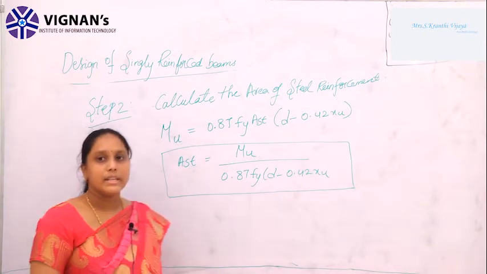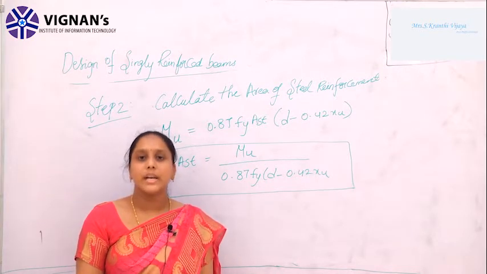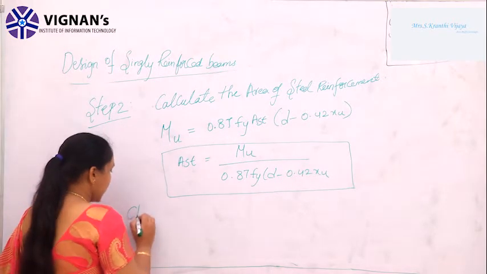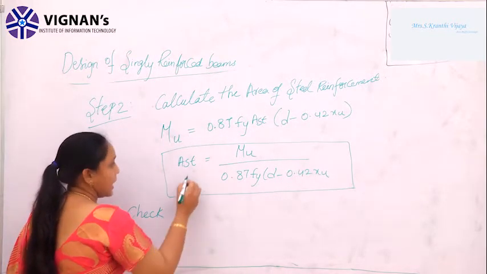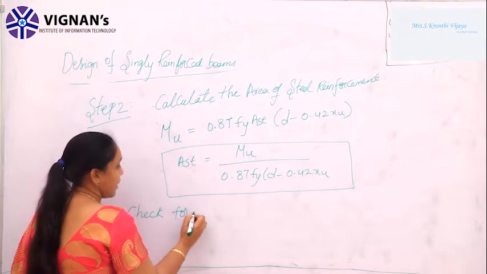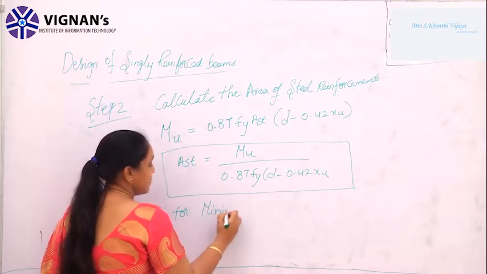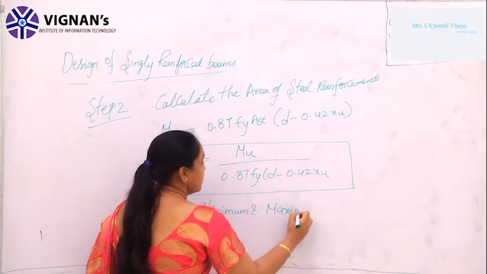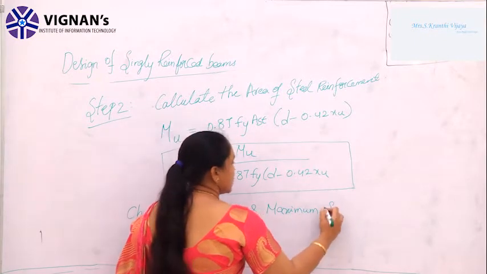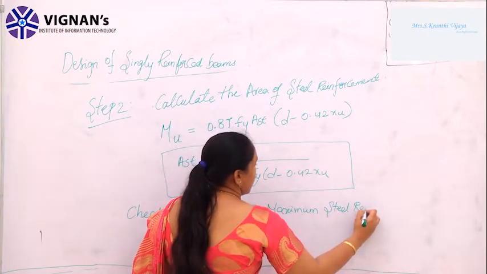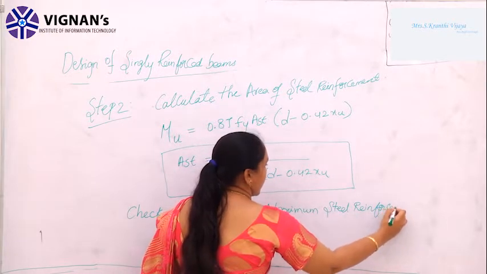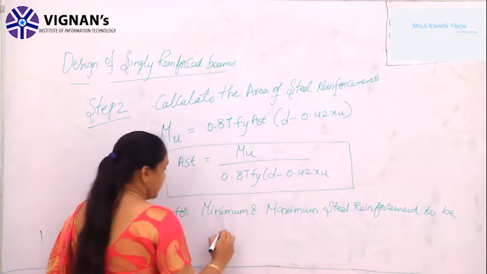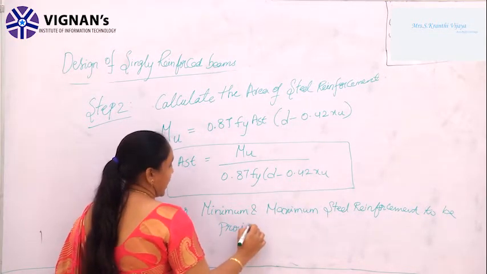So, after calculating the effective depth and the area of the steel required, then what you have to do is check the area of steel for minimum and maximum steel reinforcement to be provided.